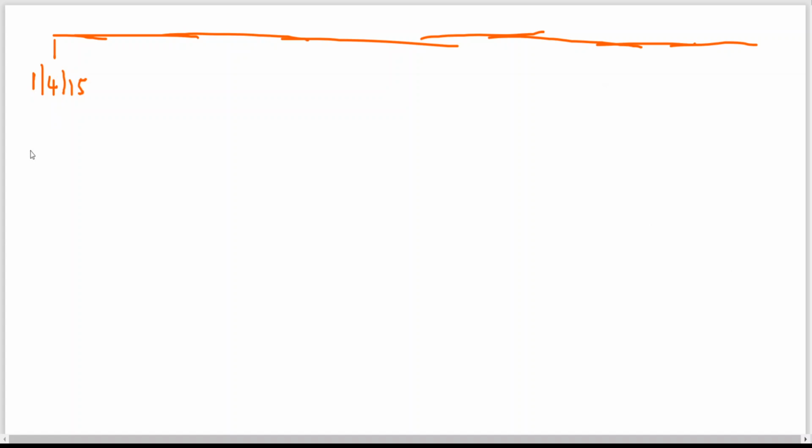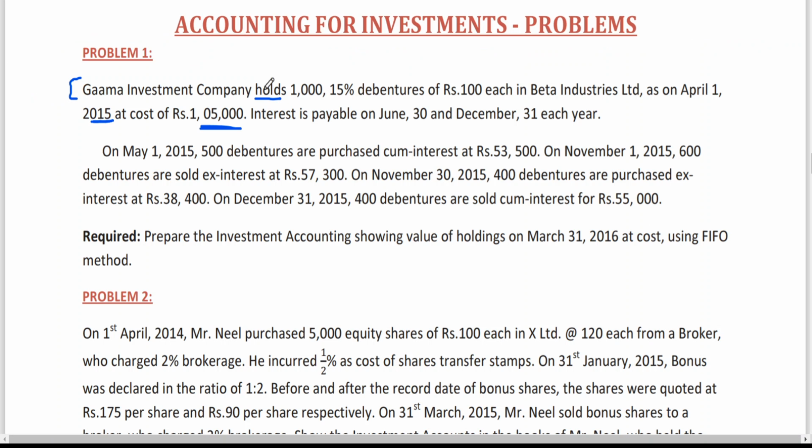First April 15. How many debentures? 1000 debentures, 15% debentures of 100 each at a cost of 1,05,000.